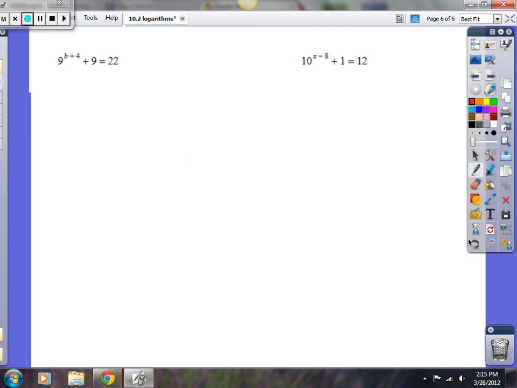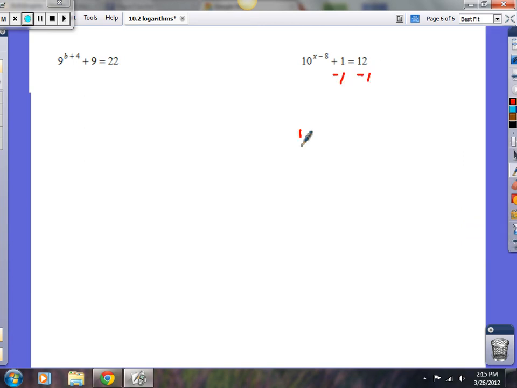What about this guy? What do you want to do very first? Minus 1, almost. So you've got 10 to the x minus 8 equals 11. Can you rewrite them so they're the same base? So you have to go to logarithmic form.